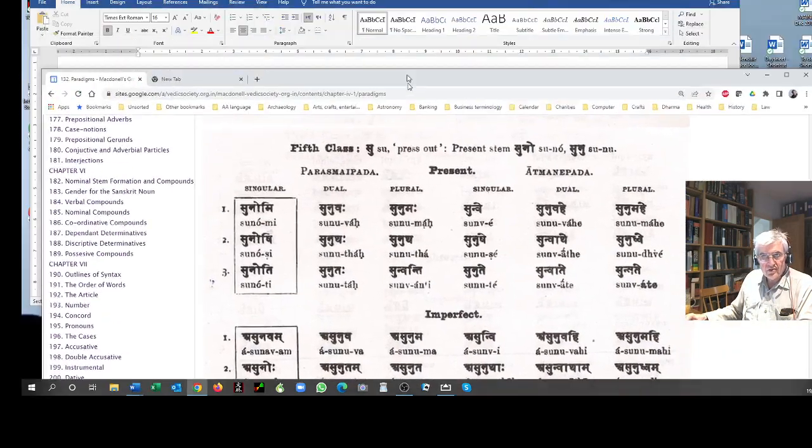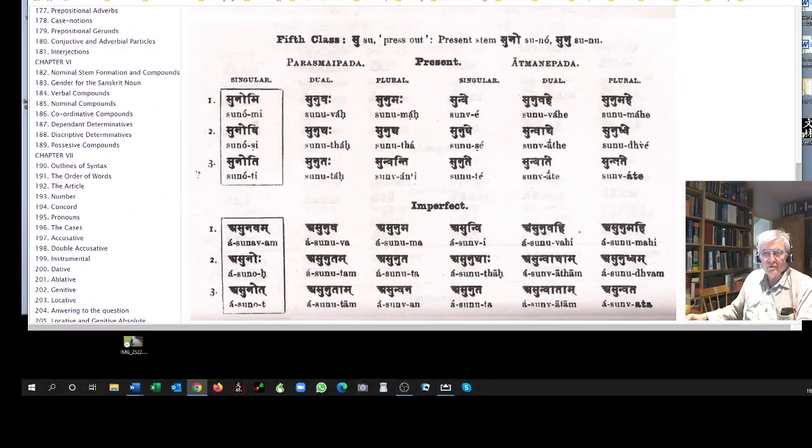The characteristic of the 5th class is that it adds in this infix no into the root before the endings. No in the stressed forms, and in the unstressed or weak forms it's nu. So the initial parts are sunu, sunu. So sunoti and atmanepada sunute.